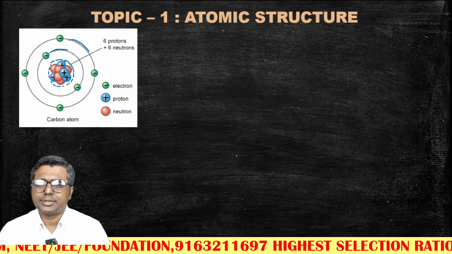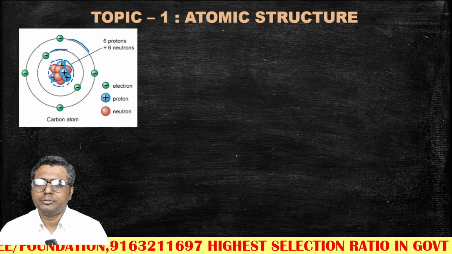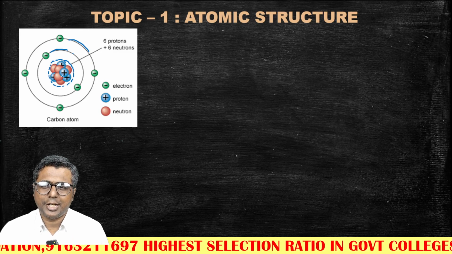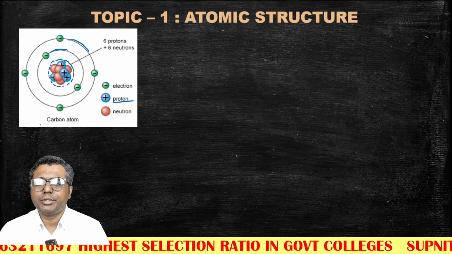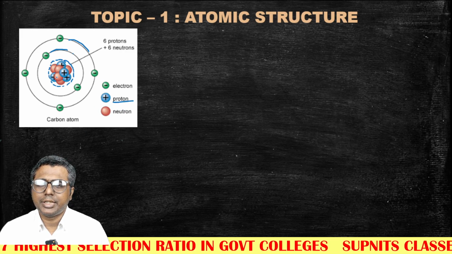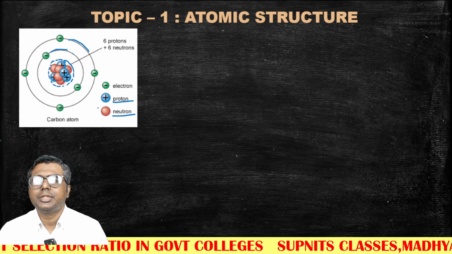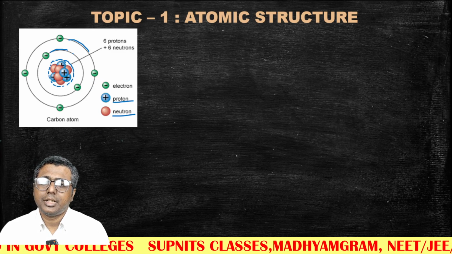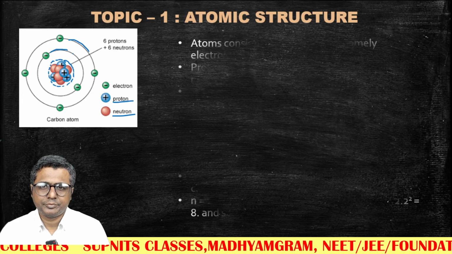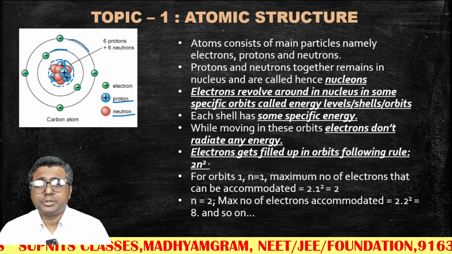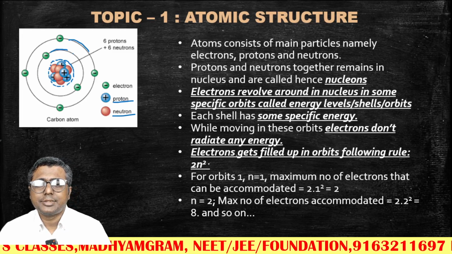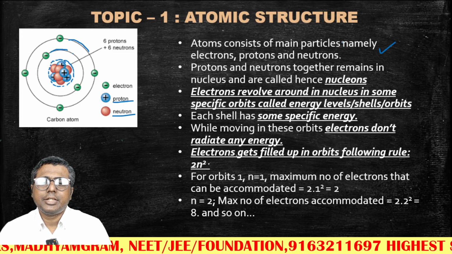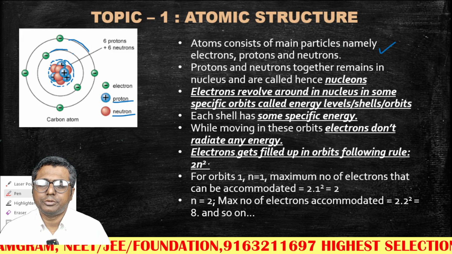In the nucleus, the blue colored circles are protons, the red colored ones are neutrons, and the ones revolving along the orbits are called electrons. So atoms mainly consist of particles, that is electrons, protons and neutrons.